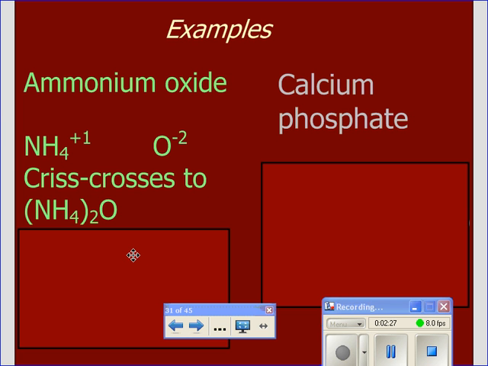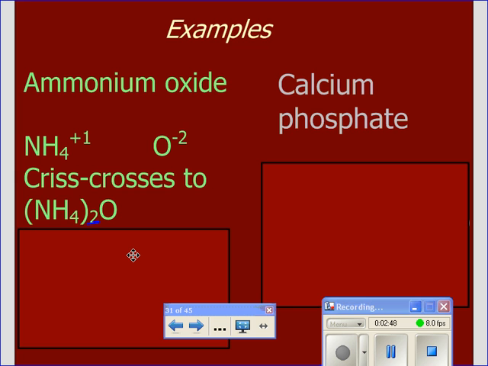Notice how it ends up outside parentheses. That's really important because otherwise you'd be saying we have 2 hydrogens, or maybe even 8 hydrogens if you just multiplied, and that 2 would not be carrying through over to the nitrogen. The oxygen is going to get the 1 crisscross down from the ammonium.